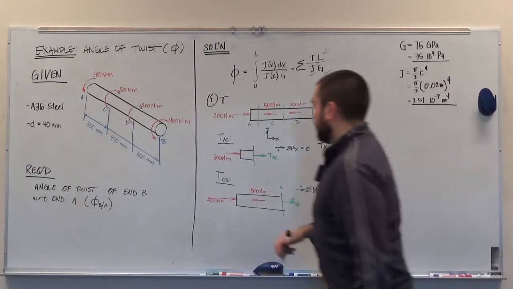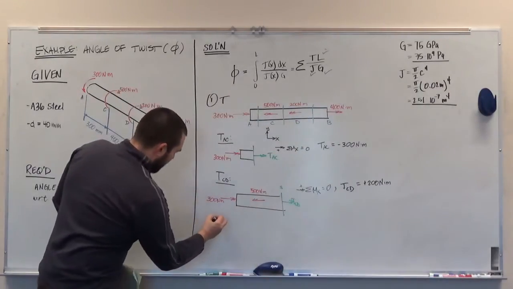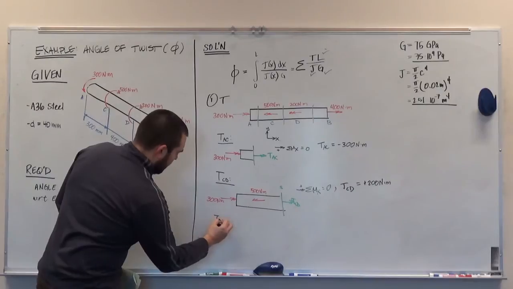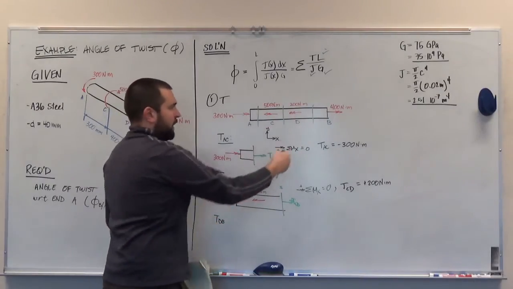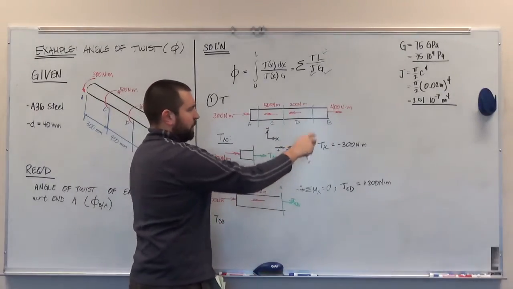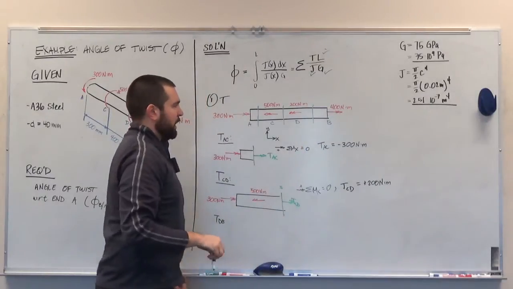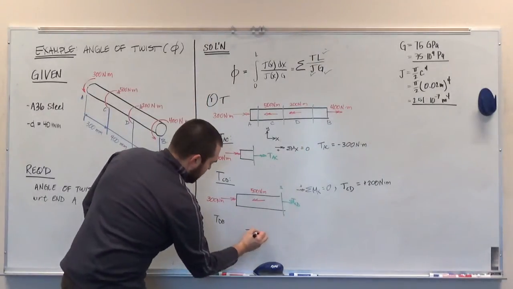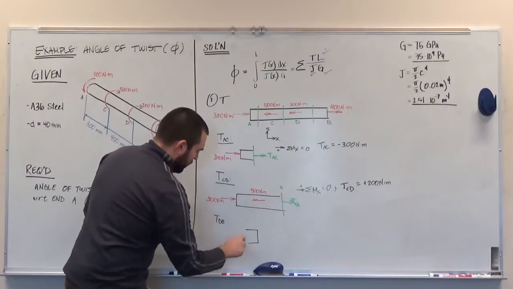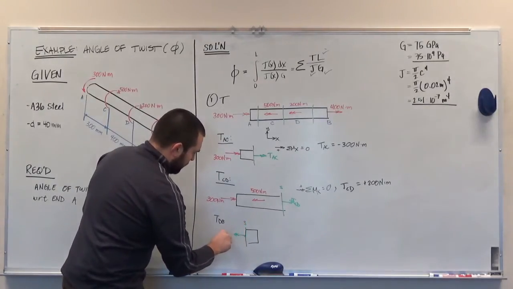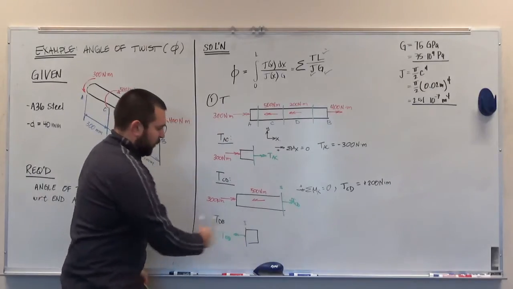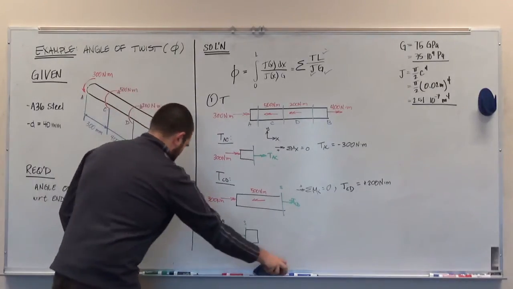And then finally, our last section cut between D and B. I'll make my section cut, and it's easier from a calculation standpoint to keep the portion of the shaft to the right of that section cut. So my free body diagram will look like this. I'll have my section cut. I will draw my internal torque, T_DB, pointed away from the section cut.